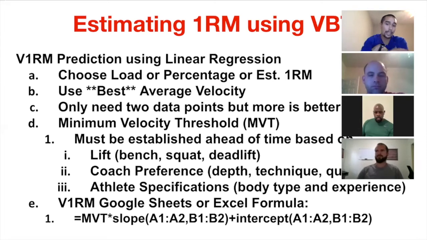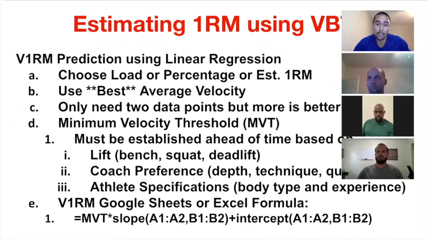The MVT is a minimum velocity threshold, and you can choose this yourself. What you read up in Dr. Mann's article, and also from Mladen's work, is that no one has completely decided on what the MVT should be. And rightly so, there's a lot of things to take into consideration.